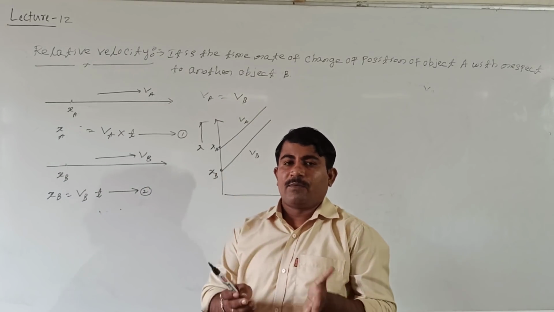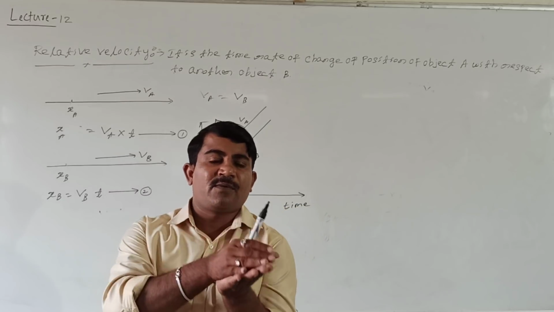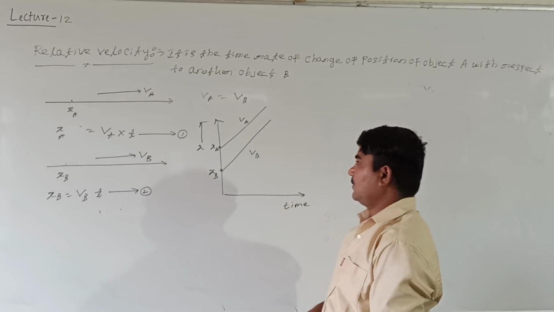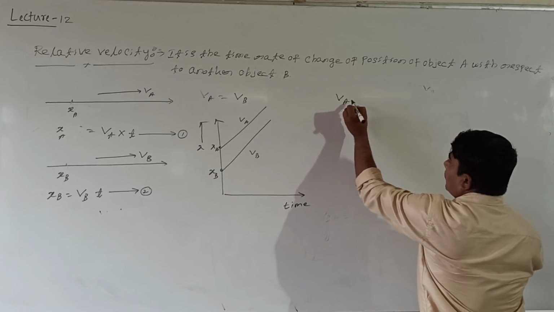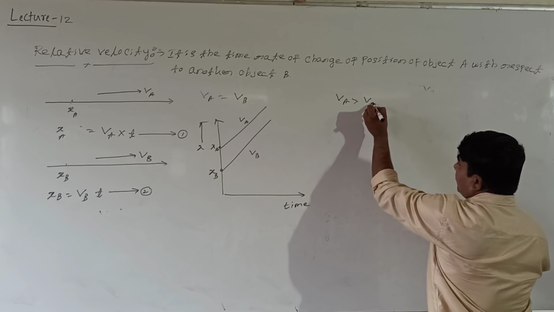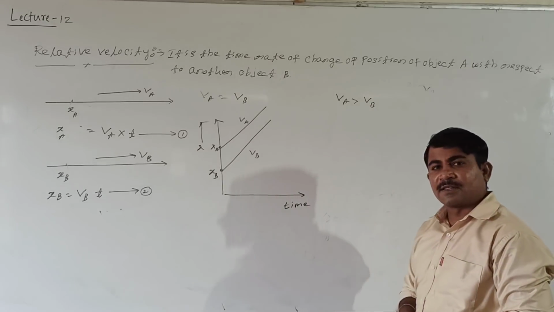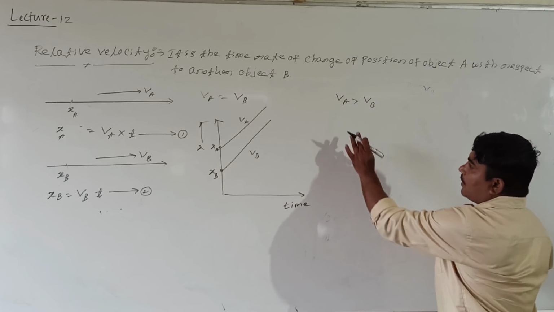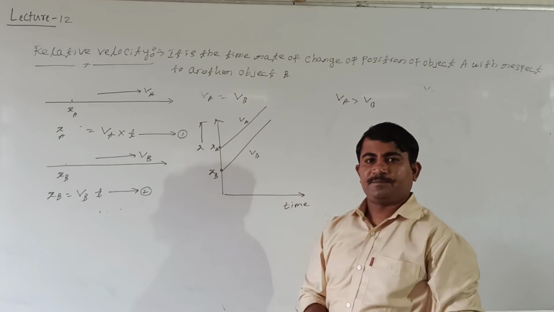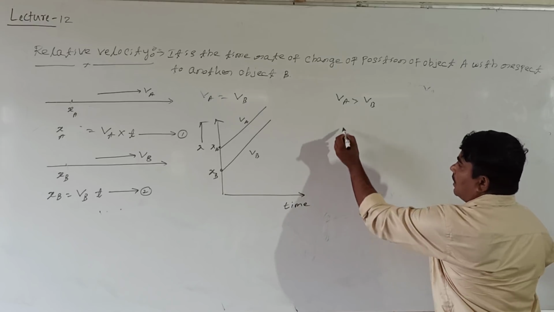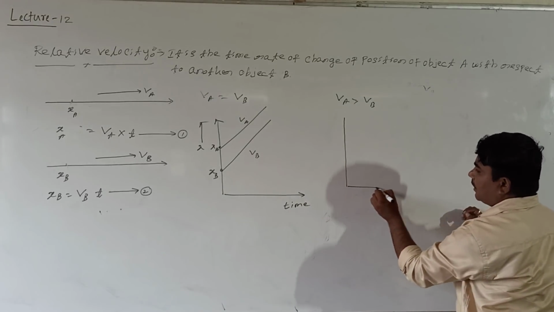Now we'll take the reverse. Reverse means velocity of A is greater than velocity of B. In this second situation, VA greater than VB means body A is moving faster as compared to body B. Again I will take the position time graph for relative velocity.